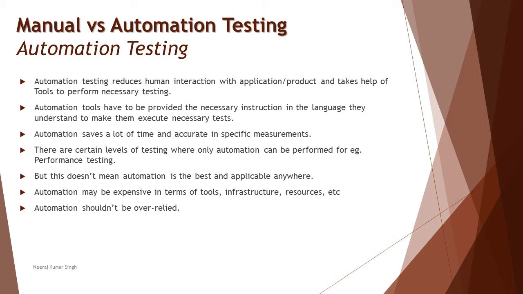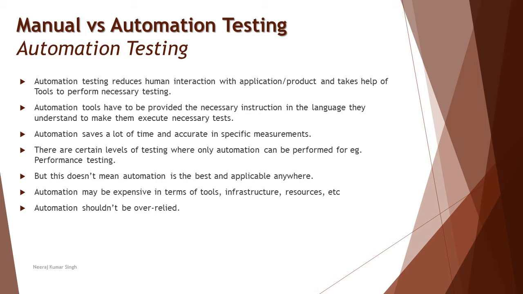Also, there are certain specific measurements related to different levels of testing, be it execution time, or measuring the response time in a performance test. Automation test tools are capable of precisely measuring certain parameters and returning all those metrics and statistics you need to define if the performance is up to the mark.